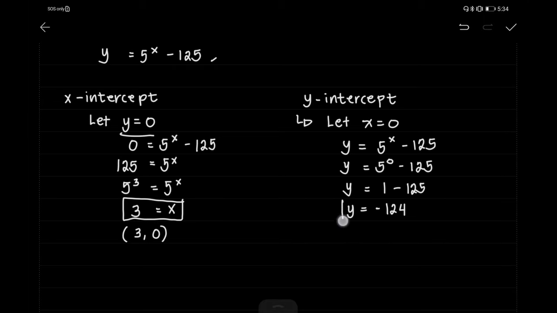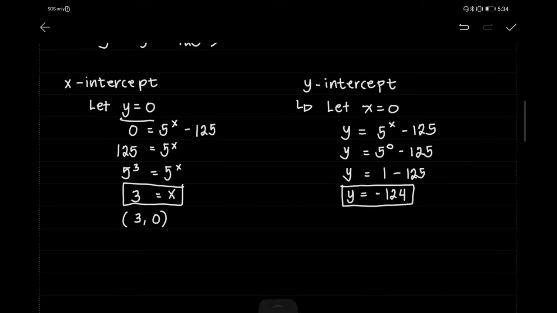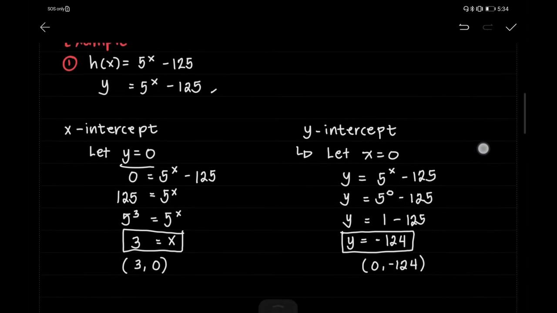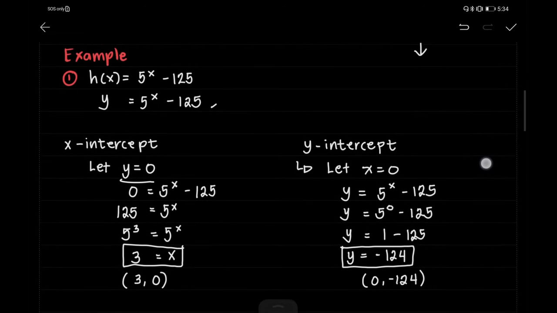So this is the value of our y. And the y-intercept natin is located siya doon sa kung saan ang x natin is 0 at yung y naman natin is negative 124. So ito yung y-intercept natin. So, yun po yung step-by-step process para ma-solve natin yung ating x and y intercept.